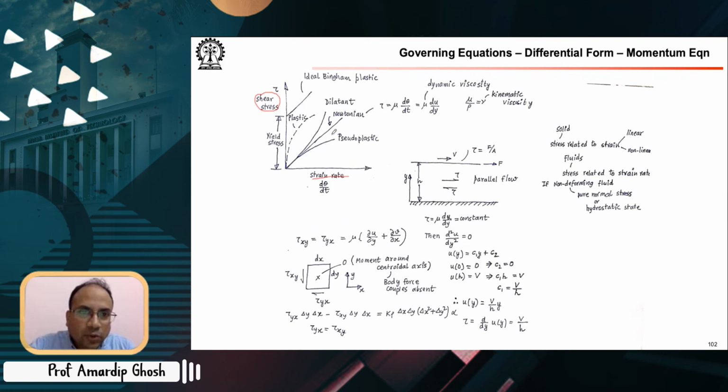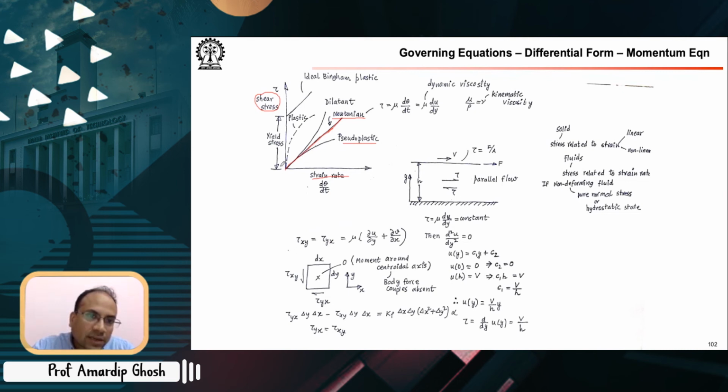So you see that the Newtonian is where your stress strain rate relationship is linear. It's a straight line. So that is y is equal to mx, and you can see that it's going through the center. It's like y is equal to mx plus c, where c is 0. On the other hand, you can have situations where the behavior is such that initially you have behavior like this.